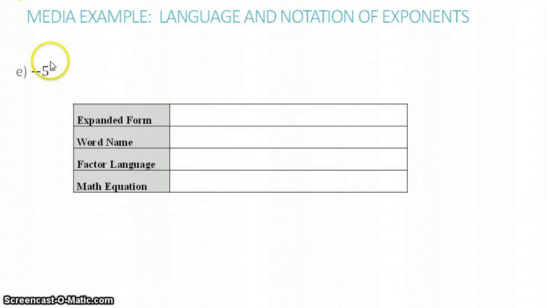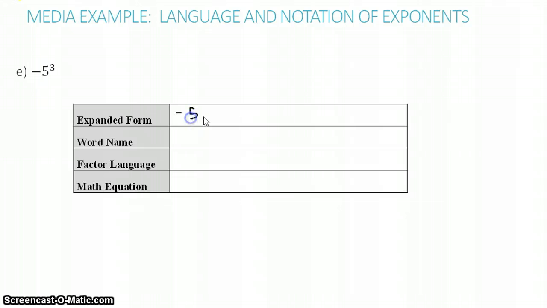Now let's look at one more that will relate to the last two. Here, notice this sign, the negative, is not in parentheses, so it is not being cubed. So we're going to think of this as an opposite. So the opposite of 5 cubed instead of negative 5 cubed. So in expanded form, the opposite stays out front, and we're just writing 3 factors of 5.